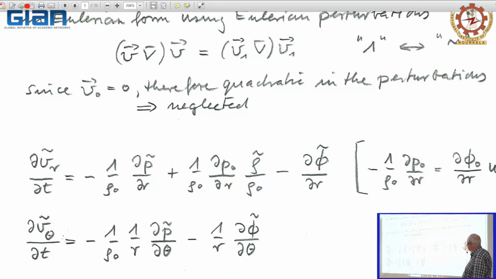But for the unperturbed quantity, we have equilibrium between the pressure gradient and the potential. So the unperturbed term will cancel with the gradient of the pressure. Therefore, we have omitted it from the beginning. The only places where we have to introduce the perturbation are, first of all, we have to perturb in the Eulerian way the pressure.